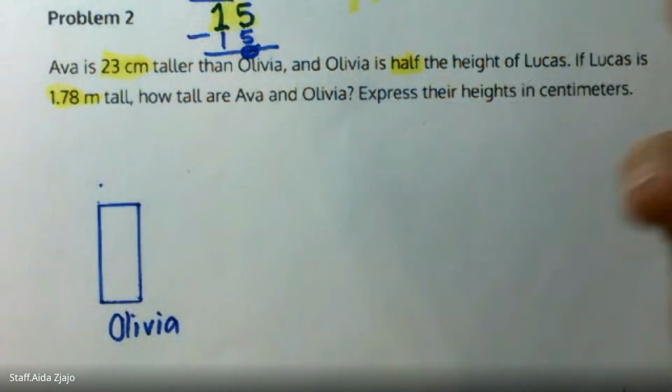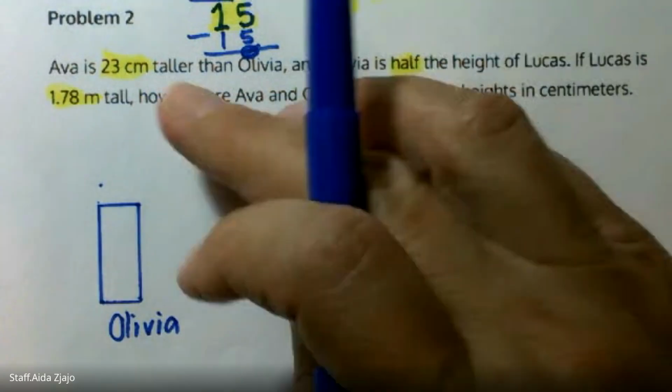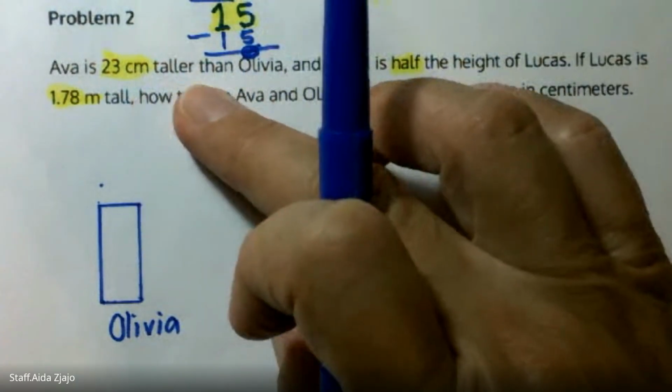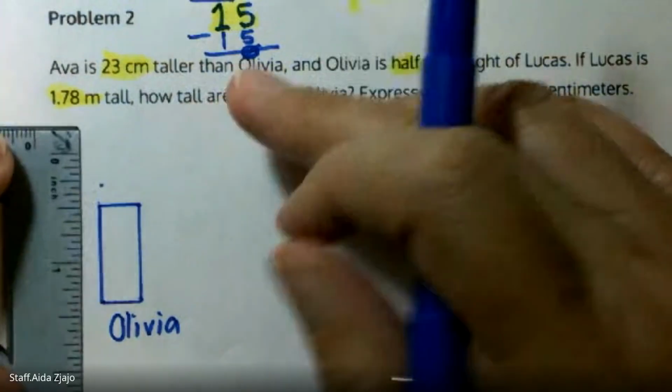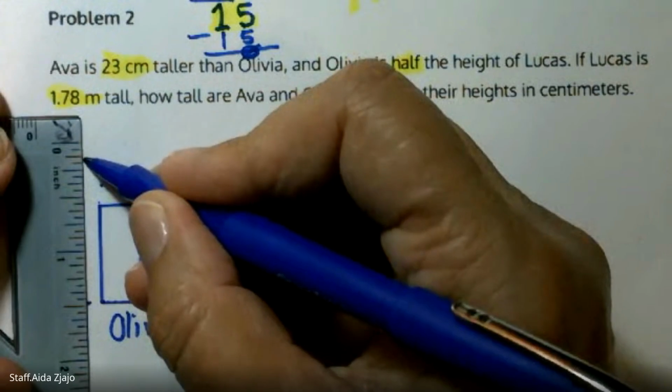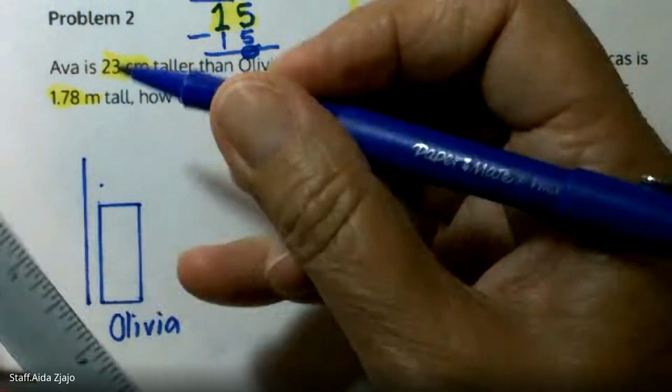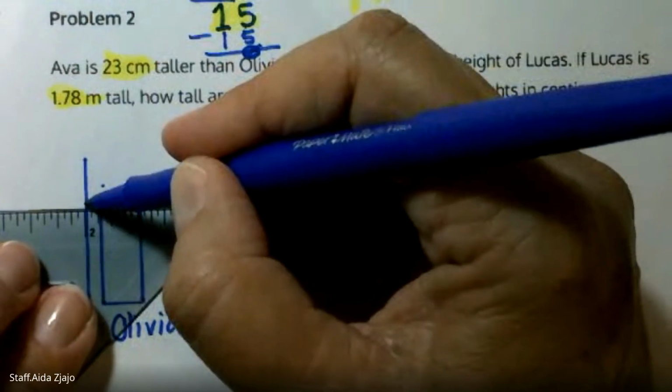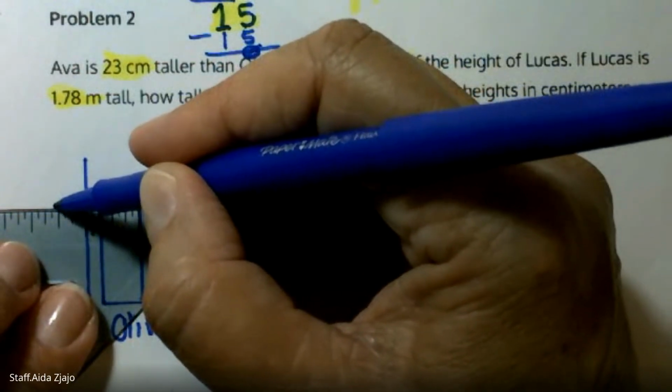And then Ava is 23 centimeters taller than Olivia.